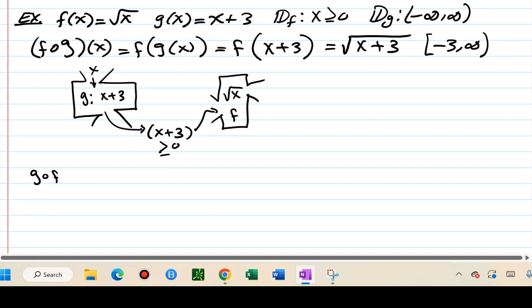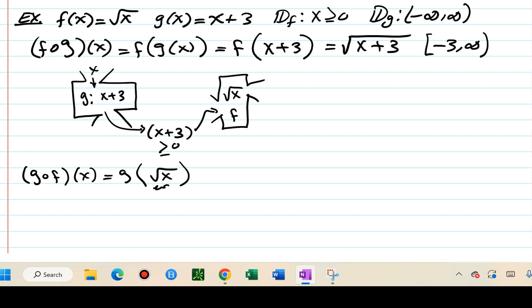Let's do g of f of x. G of f of x is going to be g of square root of x. So remember, this time now, we're working with the square root first. X has to be greater than or equals 0 here. So we know that. Otherwise, there will never be an input into g.